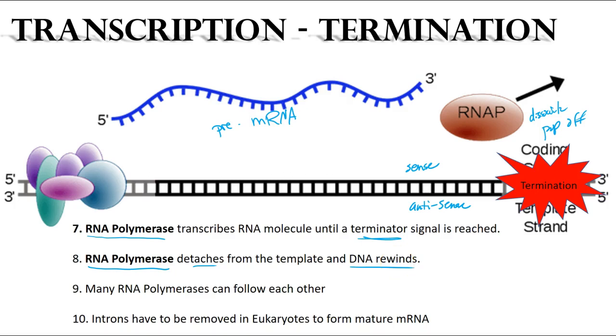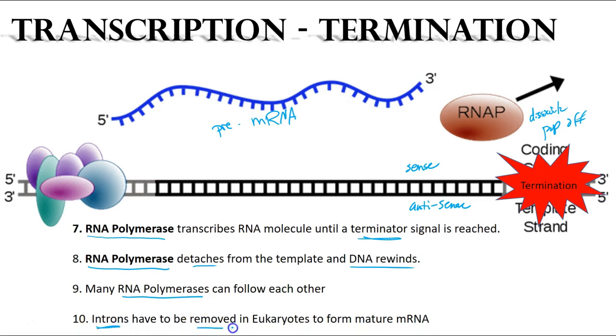And one thing that's really important to know is that there are many mRNA molecules that can be produced at the same time, meaning there are tons of RNA polymerases that can be synthesizing the same gene essentially at the same time. They just kind of follow each other. And that allows for multiple proteins to be produced from the same gene, especially if it's a gene that is utilized frequently in terms of the protein product that it makes.